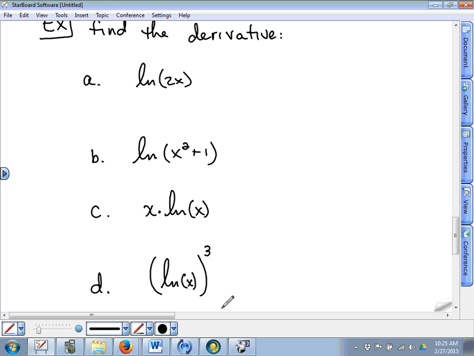What's the log of a constant other than 1? It varies. It's like the square root of a constant. It just depends on the constant.